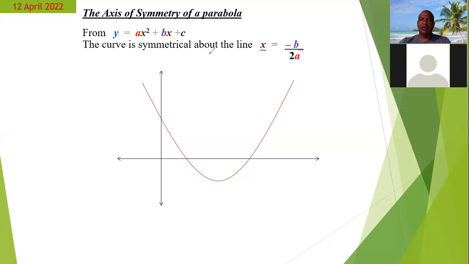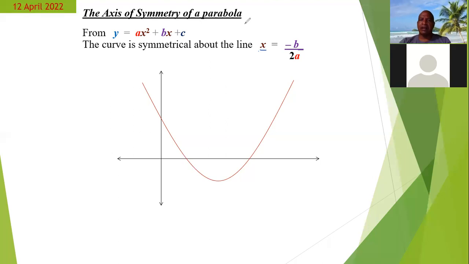Once you have your equation, y equals ax squared plus bx plus c, remember, with the actual quadratic equation you will get numeric values for a, b, and c. When you put those numeric values in this formula, minus b over 2a, you do the calculation and you will get an x value. And wherever that x value falls, that's the point through which the axis of symmetry will go.